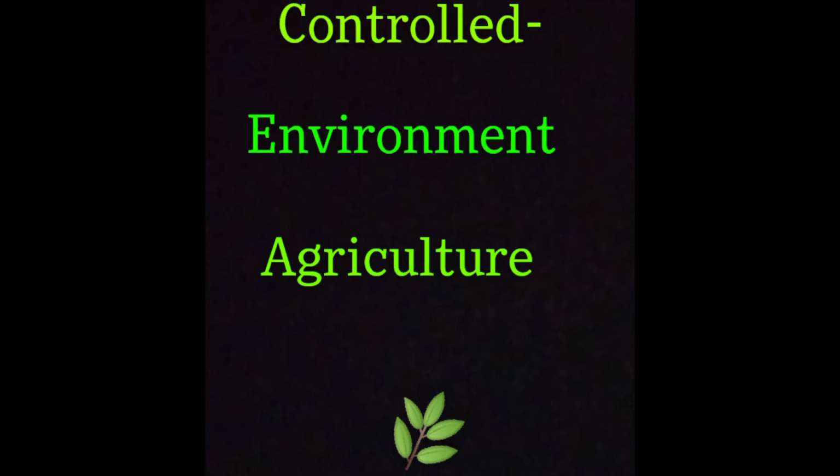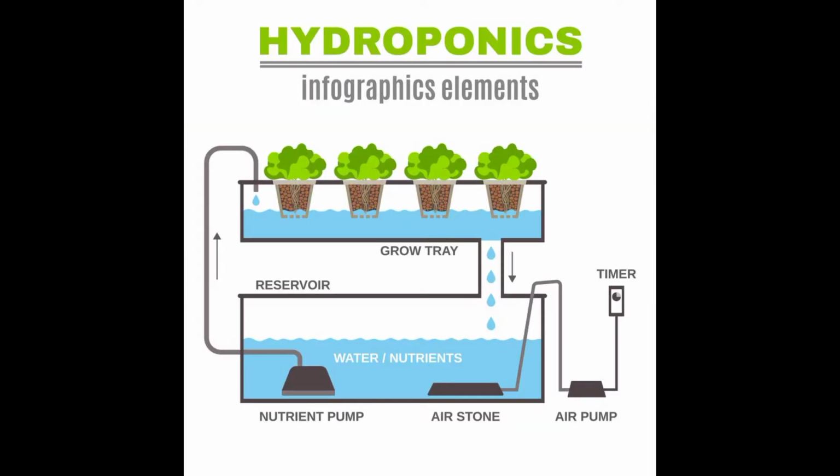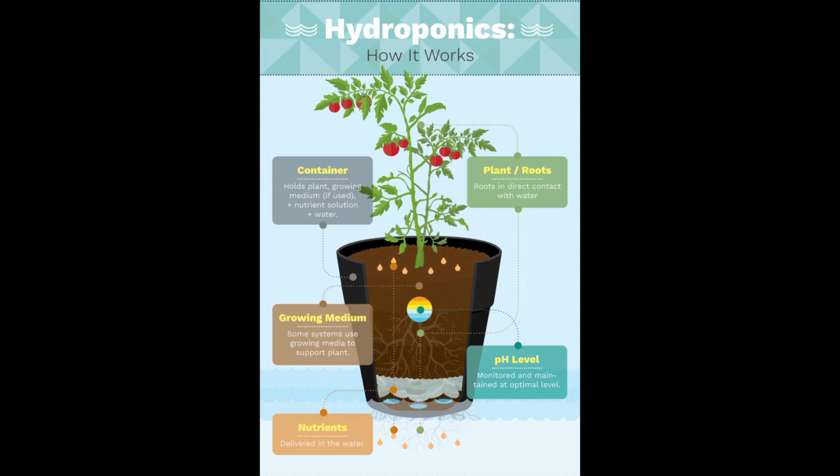In vertical farming systems, CEA is often used in conjunction with soilless farming. Soilless farming techniques such as hydroponics, aquaponics, and aeroponics. Hydroponics refers to the techniques of growing plants without soil.